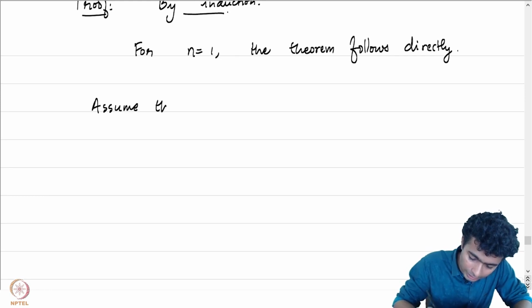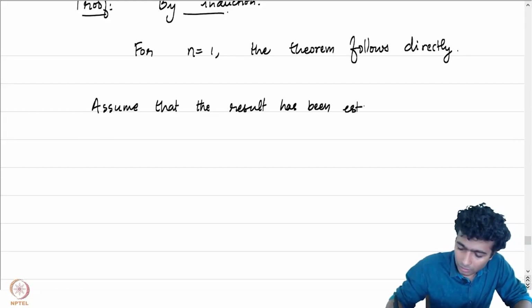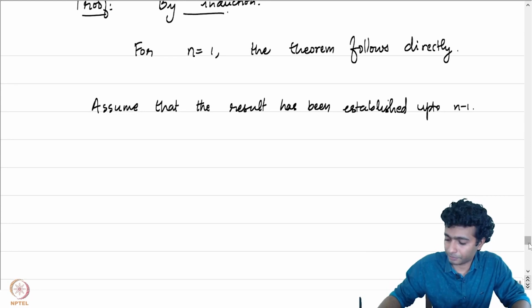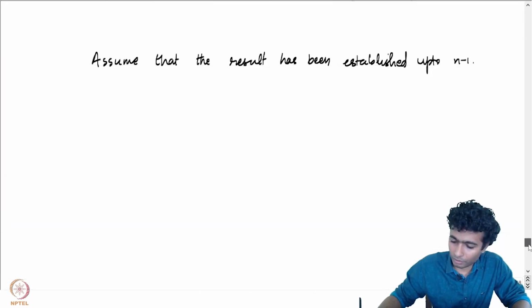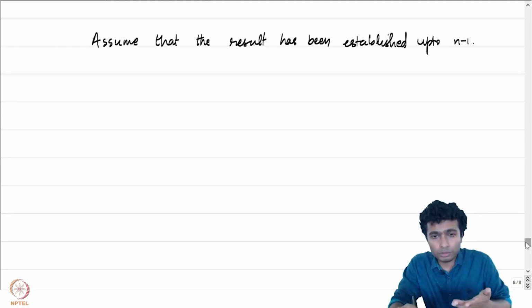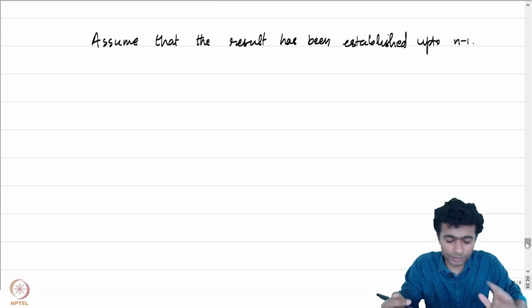Assume that the result has been established up to n minus 1. Now we will prove that the result is true for n as well by a method of contradiction.